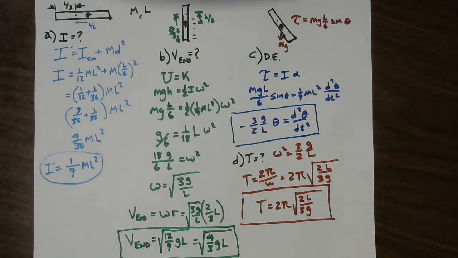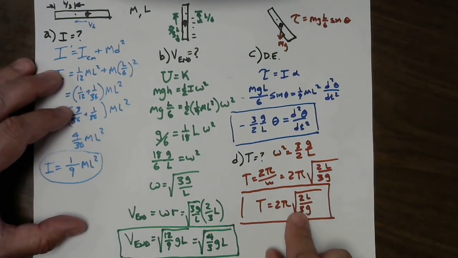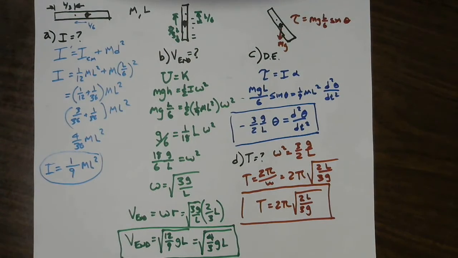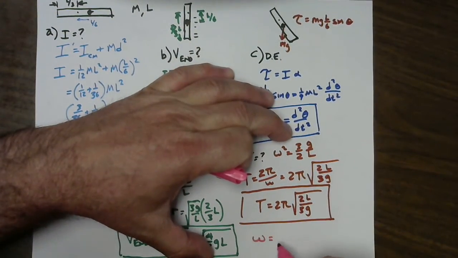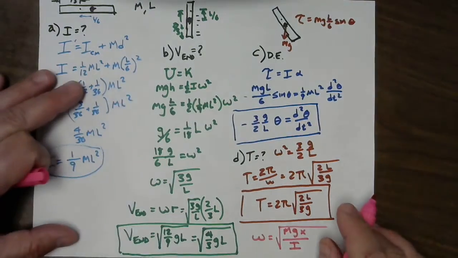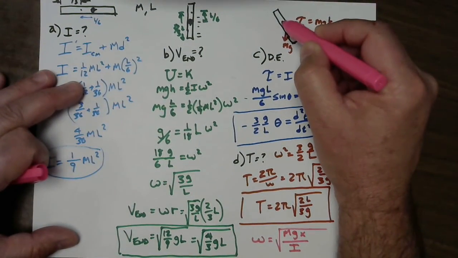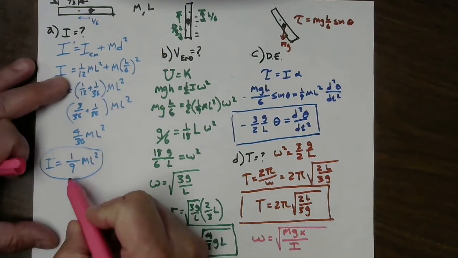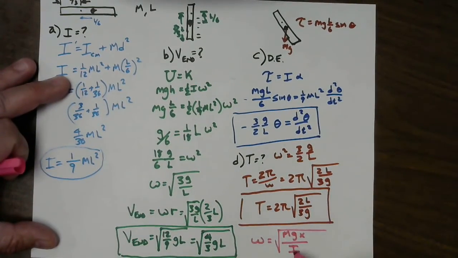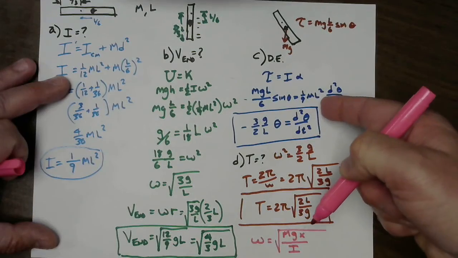If you remembered the results for the physical pendulum, you could have just gotten this right away, because the physical pendulum result was that omega is the square root of mgx over I. X is the distance between the center of mass and the pivot point, and I is whatever you got. So you could have put those numbers in here and gotten this even without doing this.